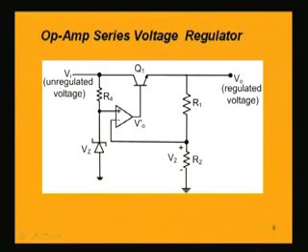What will happen in this circuit is that we have to look into the two terminals of the op-amp. Here this is the positive terminal, this is the negative terminal. The positive terminal is connected to Vz, which is a constant voltage, it does not vary.